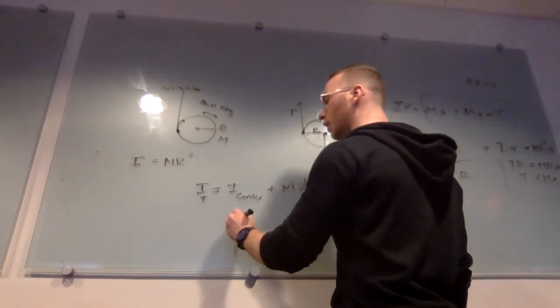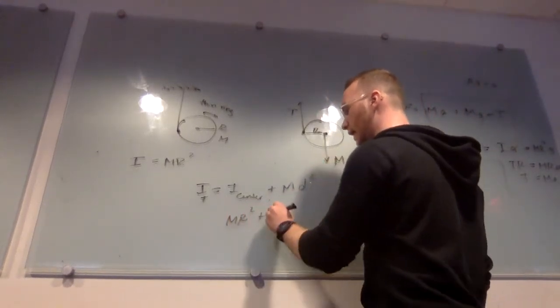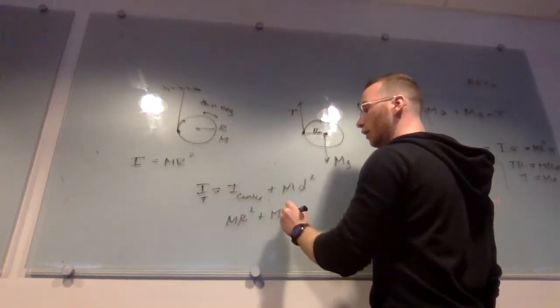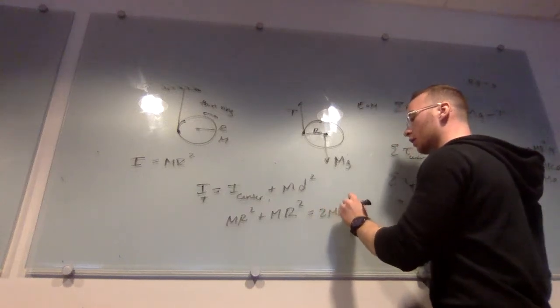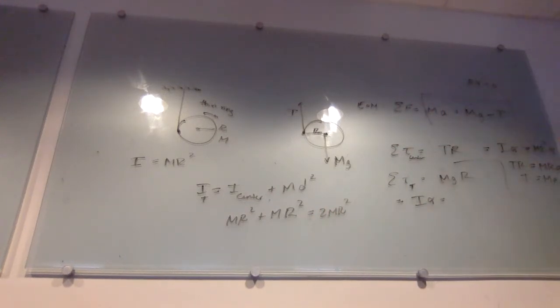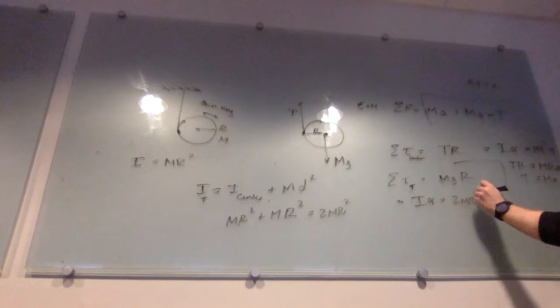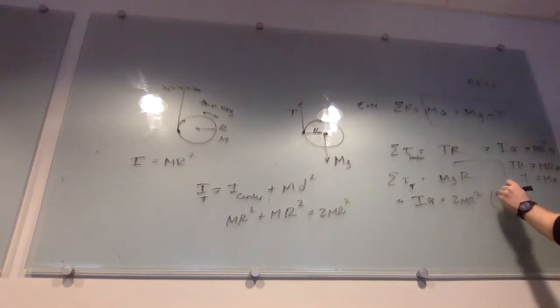So this would be mr squared plus m, and now d, what's d? Well, d is r, because we moved it a distance r. And so we get 2mr squared. So this would be 2mr squared times a over r for alpha.